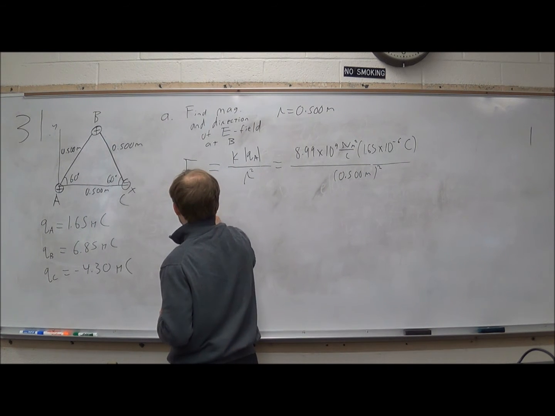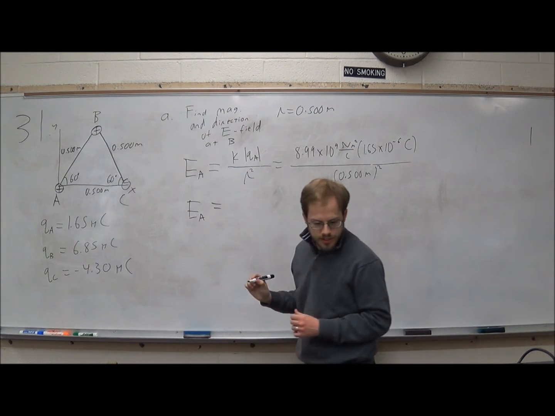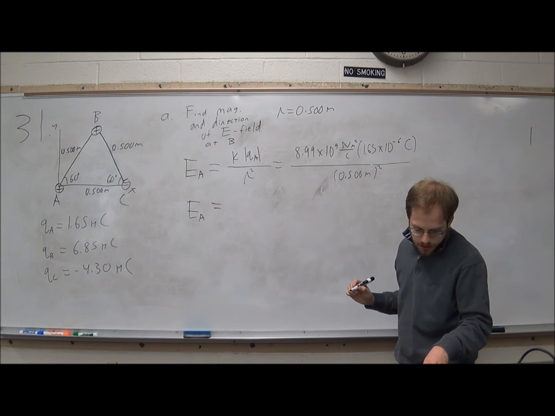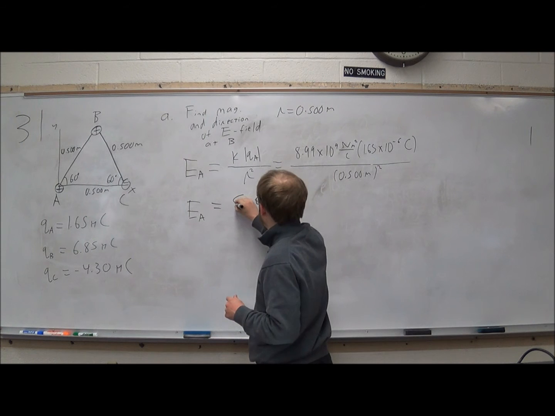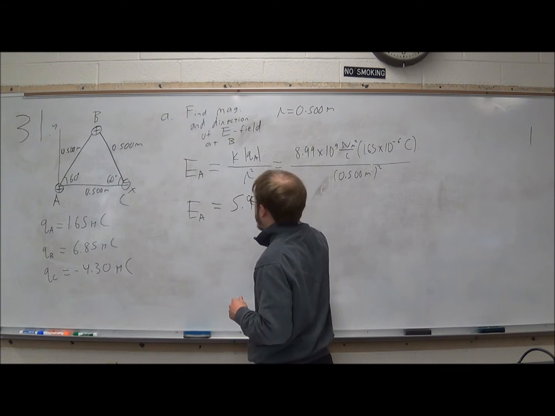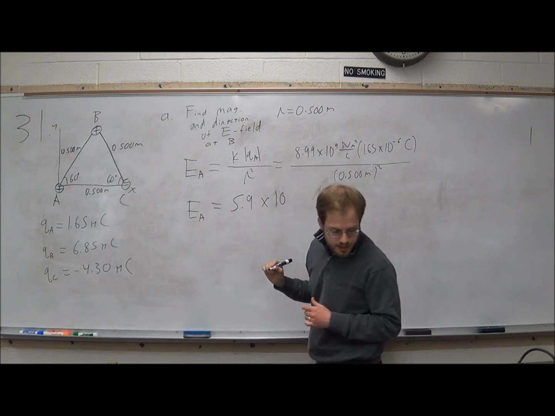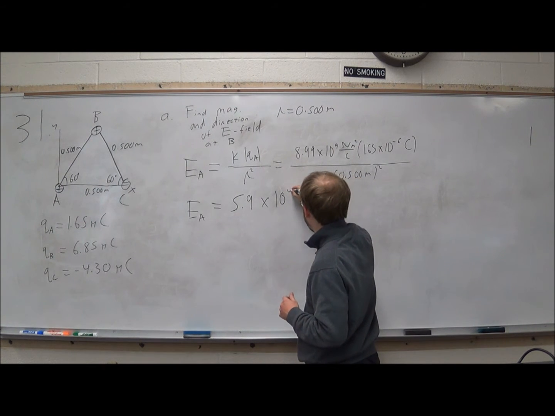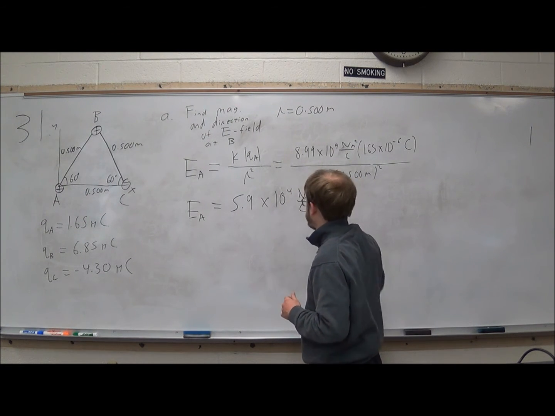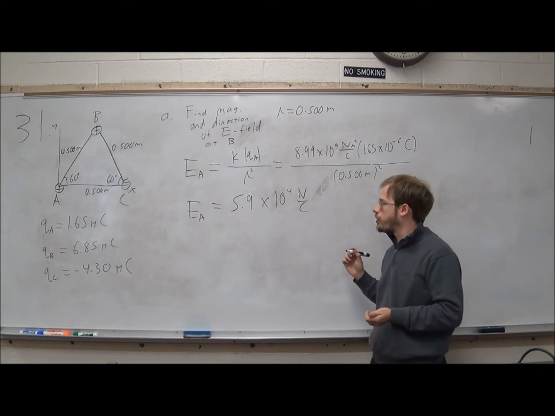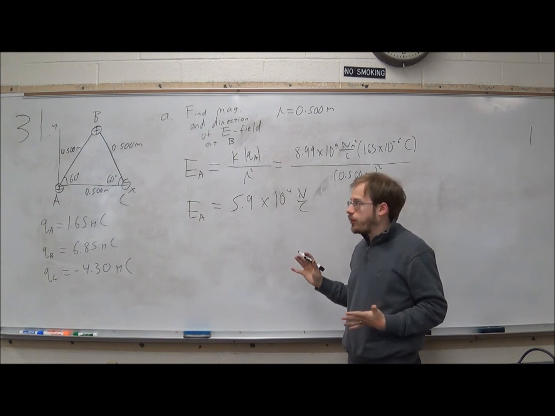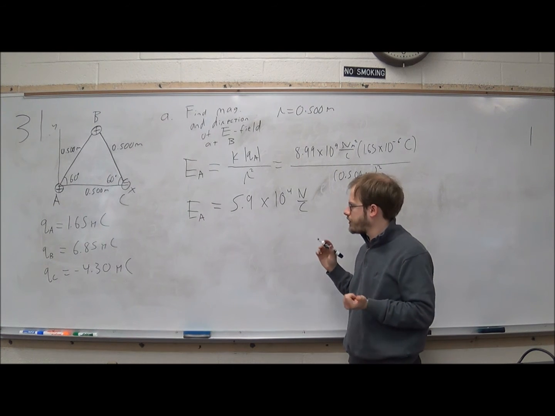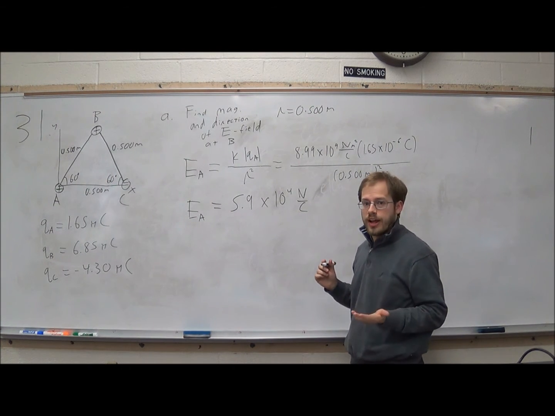Go ahead and plug and chug, and we'll end up with the magnitude of the electric field from A being 5.9 times 10 to the fourth newtons per coulomb. So we've gotten the magnitude of the electric field from charge A at the position where charge B is. But now we need to figure out the directionality.